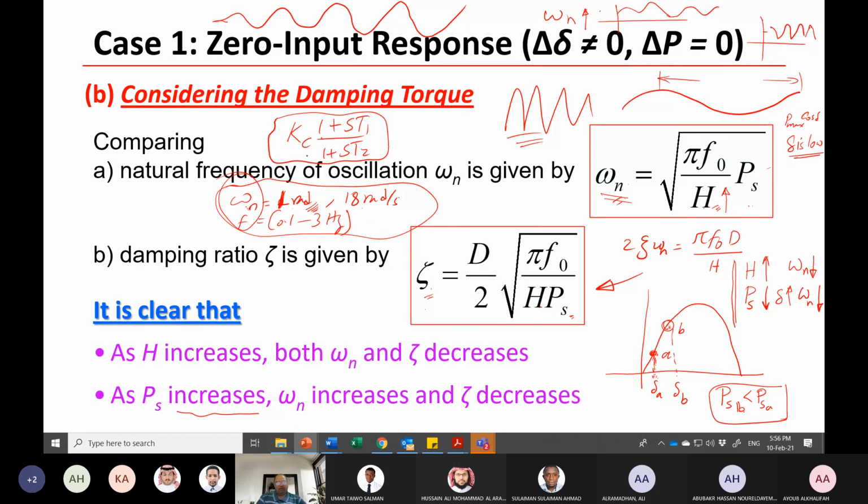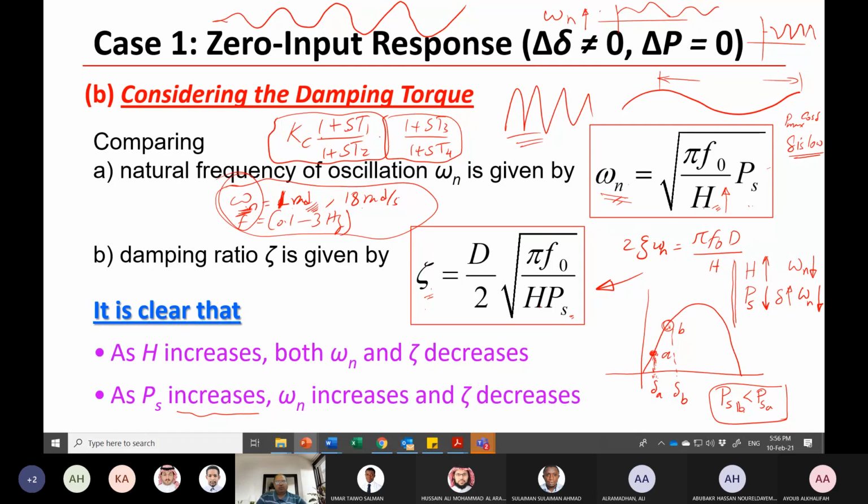And so far they are having this kind of stabilizers. You can have one block, or you can have another block, (1 plus S T3) over (1 plus S T4). When you want to design this controller, you need it to give you the phase margin and the gain margin at this oscillation frequency.